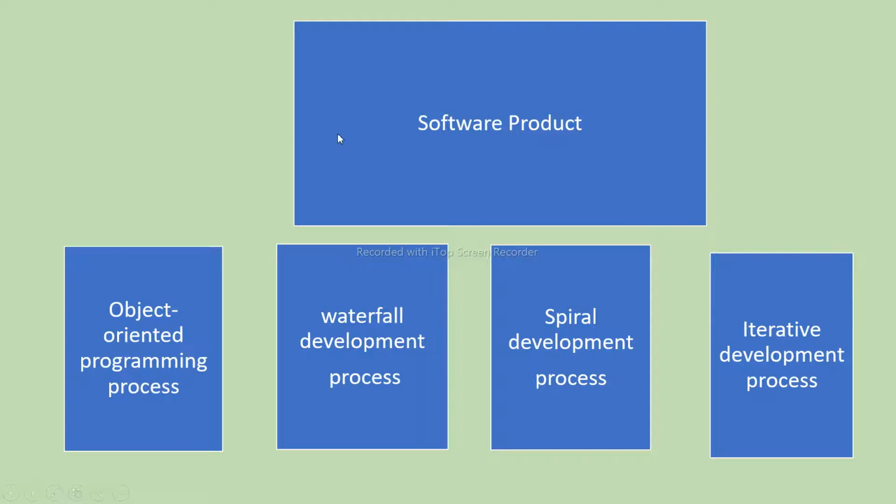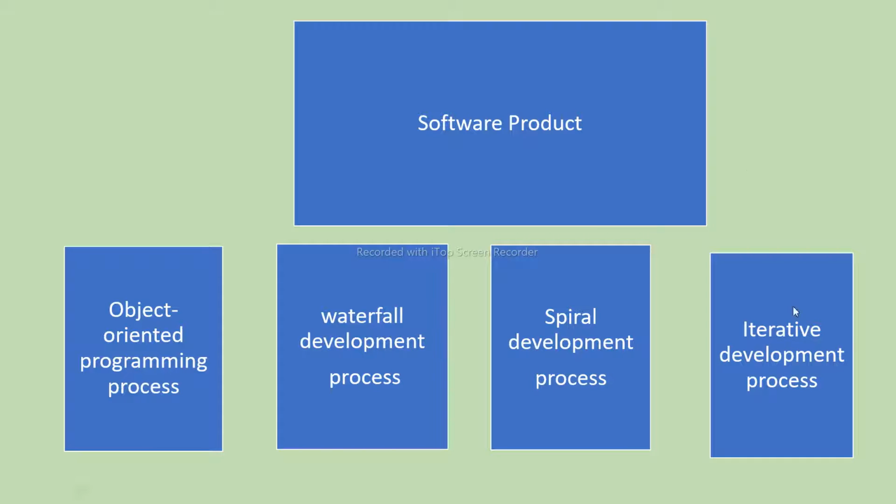So when we classify a software product, we have to tell what model we used to develop the whole software. It can be classified into different models: the OOP model, waterfall model, spiral model, or iterative development model.